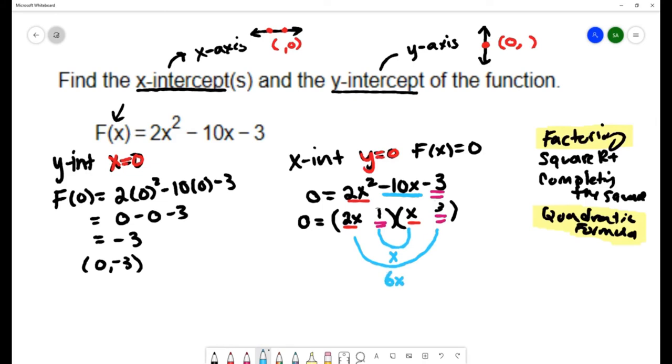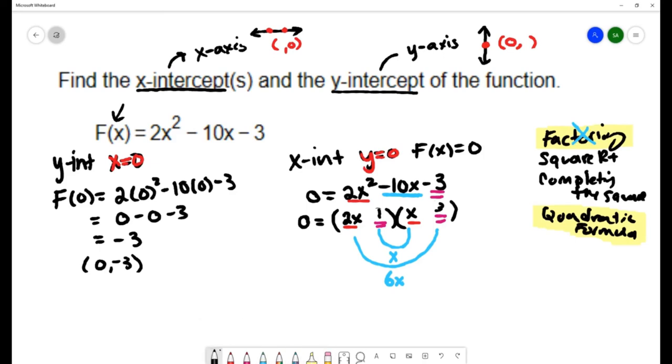And if I add or subtract 6x and x, that doesn't make the correct number in the middle. So I've tried every pair possible in every combination, and I didn't get a factorization that works. So I know that factoring is not going to work on this example. So we'll move on, and now we'll try the quadratic formula.